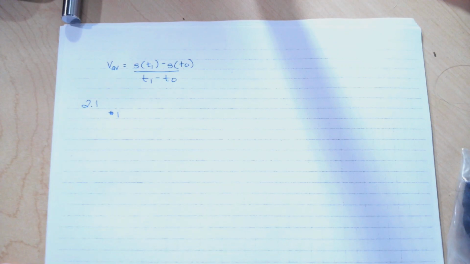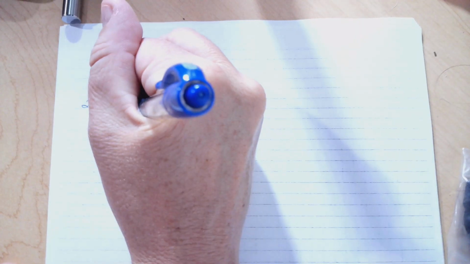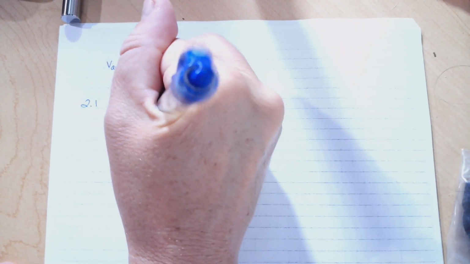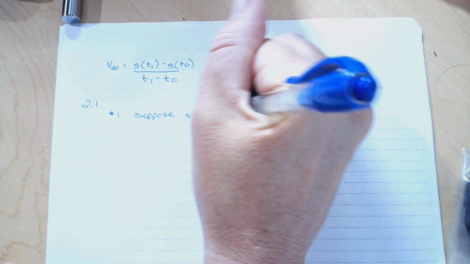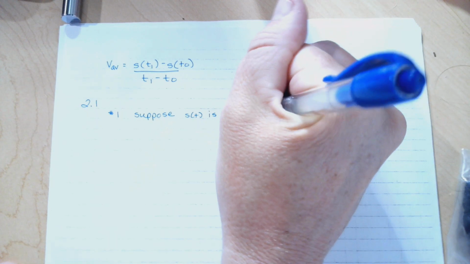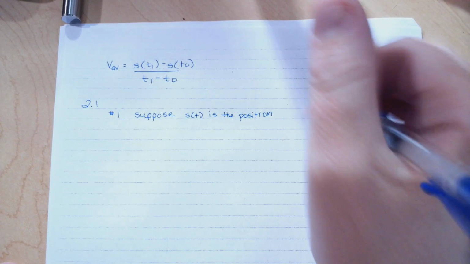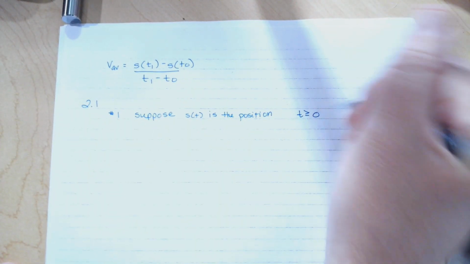Number 1 says, suppose s of t is the position of an object moving along a line at time t greater than or equal to 0.